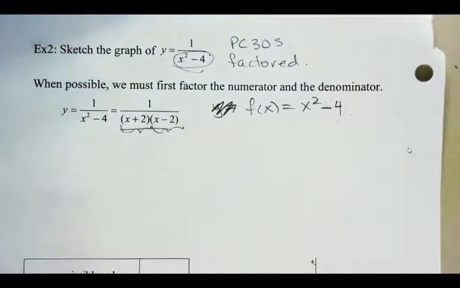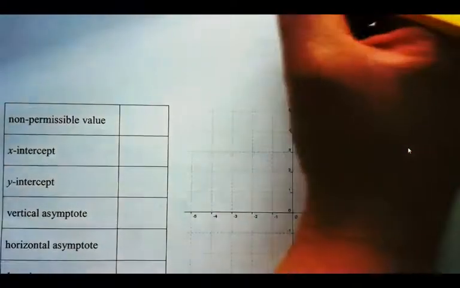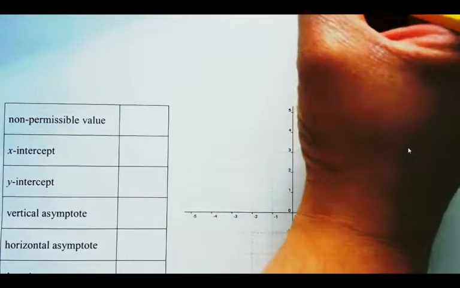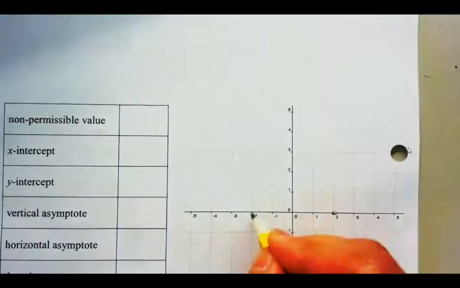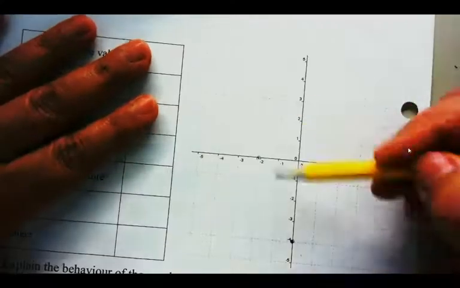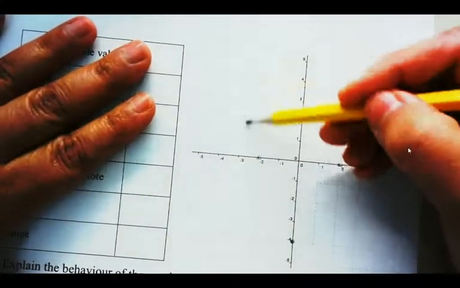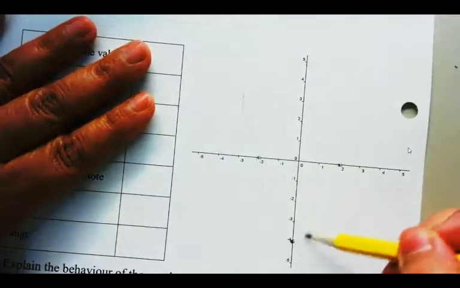Let's say we were graphing that. This is going to have x-intercepts, right? This is actually going to look like what? It's going to be down here. My x-intercepts are, if I factor it, that gives me my x-intercepts. And this is a parabola, right? Okay, so there's my sketch.